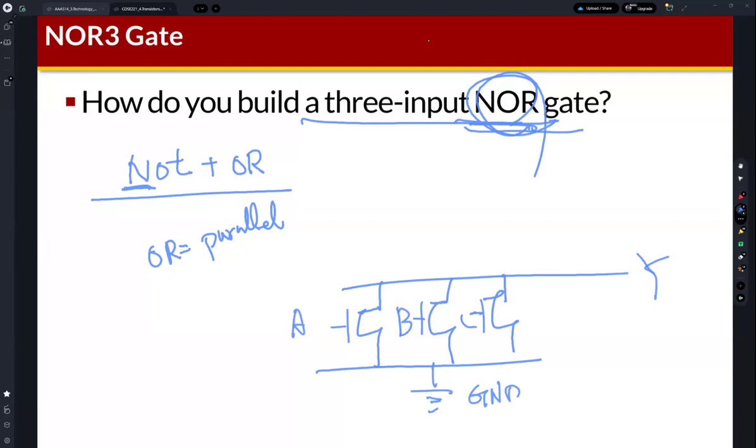I just made a pull down network using NMOS transistors, right? But this is OR. So I just connected these 3 NMOS transistors in parallel. Another node of the NMOS transistor is connected to the ground, right? And then the NMOS transistors are connected in parallel, okay? Because this is OR and not OR.